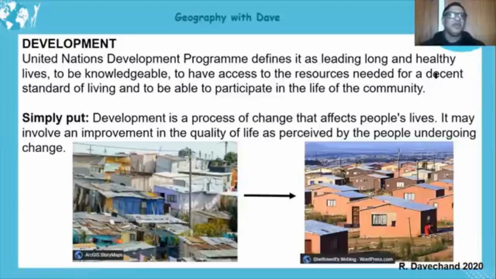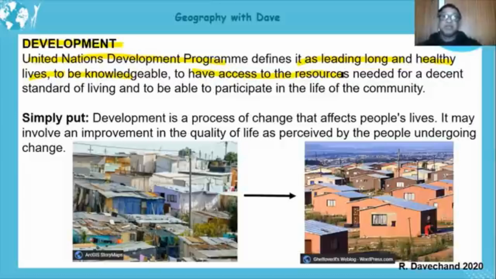All right, let's first of all look at what is development. First of all, let's look at the United Nations Development Program, how it defines it. It defines it as leading a long, healthy life, to be knowledgeable, so good quality of life, to have skills, to have access to resources, whether it's your needs, housing, education, sanitation, institutions for study.